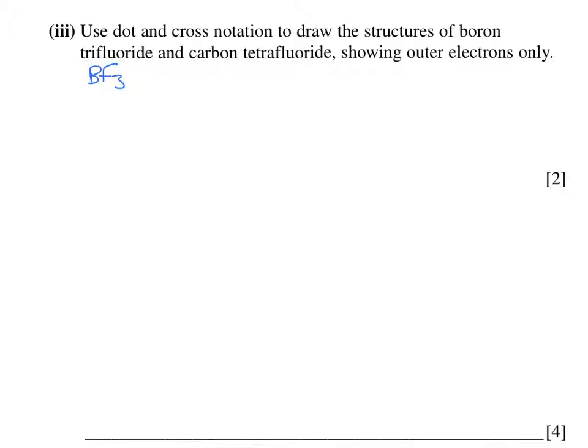And we need to look at our periodic table to see what group boron is in. So boron is in group 3, and so it's going to have 3 electrons in its outer shell. And so we will draw boron with its 3 electrons in its outer shell. 1, 2, 3.